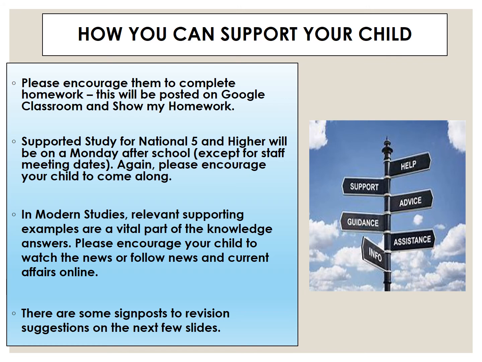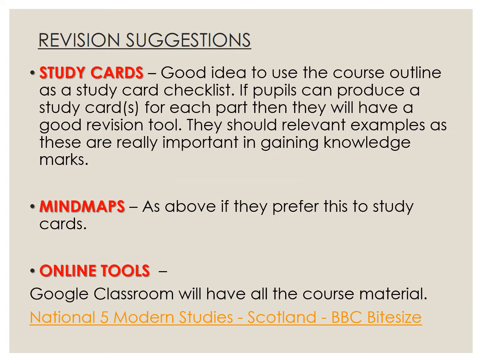On the next couple of slides, there are a couple of suggestions of other places where pupils can get revision material from. In terms of suggestions, things like study cards or mind maps; different pupils prefer to do these in different ways. For each of the units, as we start one of the new units, the pupils will get a course outline. These are available on the SQA website as well, and they'll be on Google Classroom.